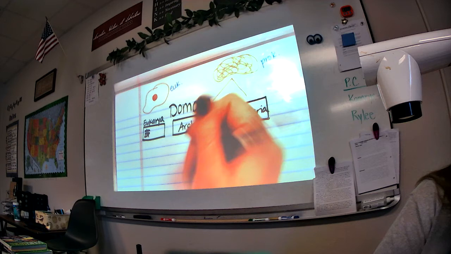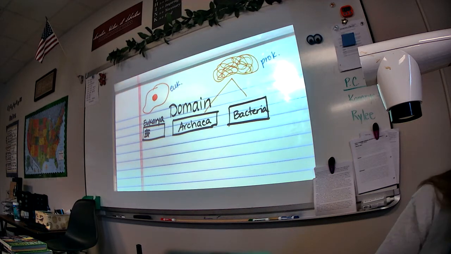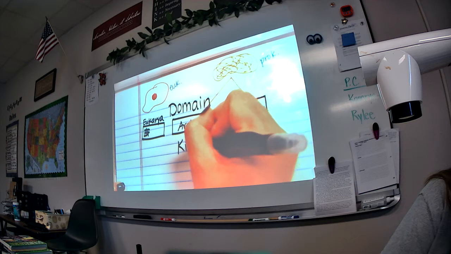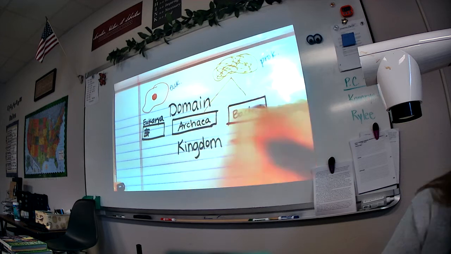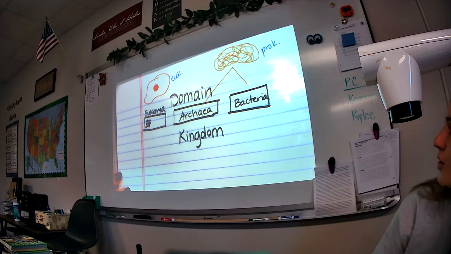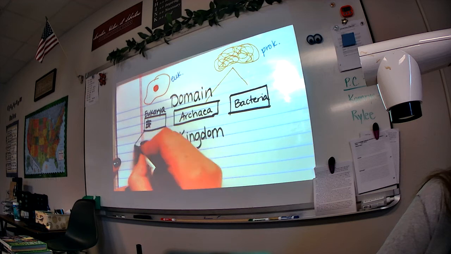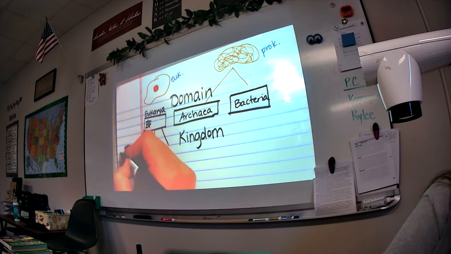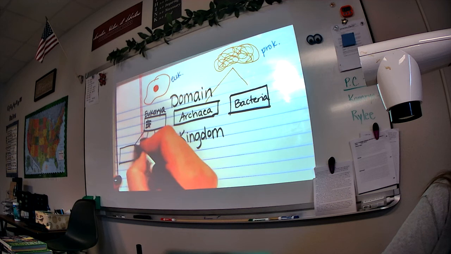Underneath domain, our next level of organization is called kingdom. For eukarya, there are 4 kingdoms. 1, 2, 3, 4. So we're going to draw 4 boxes here.